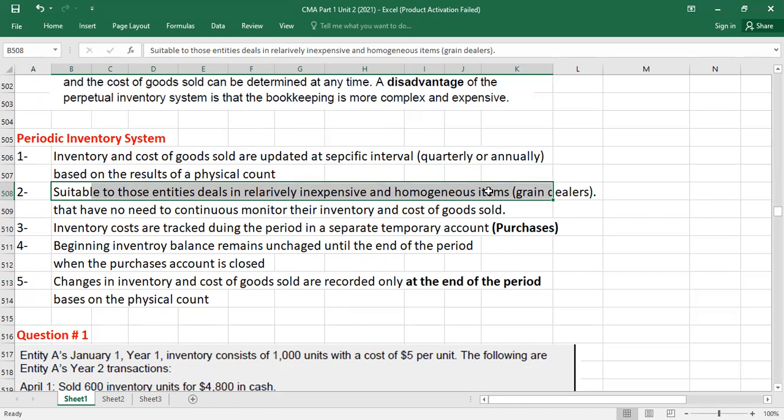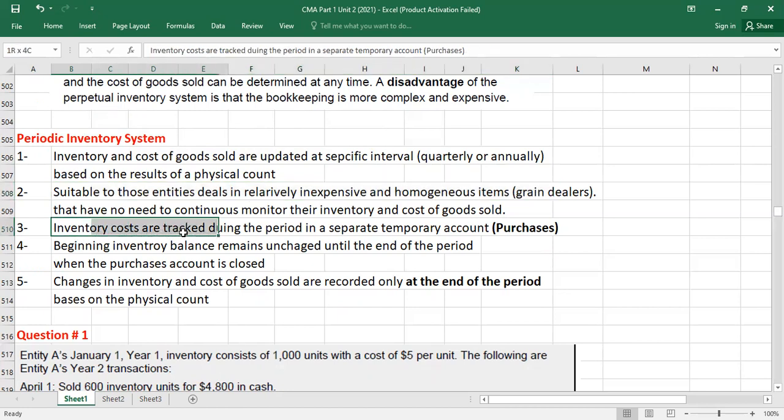That is why this system is suitable for inexpensive items. Then, inventory costs are tracked during the period in a separate temporary account, which is called purchases. Whenever you buy any product, you will use the purchases account, and this purchases account will be that temporary account which will be closed by the end of that specific period.